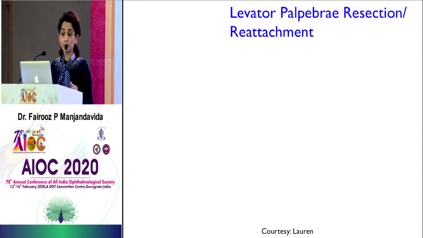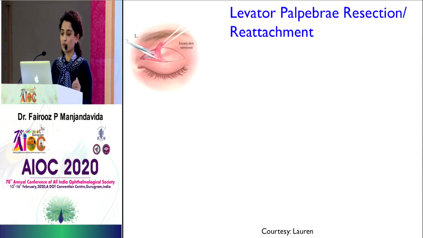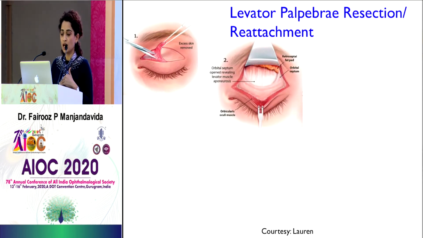So levator palpebrae resection and reattachment, I'm just not going into the theory, but I'm sure you all know that. So basically you enter through the skin, you identify the septum. When you open the septum, you see this fat, the preseptal, the postseptal, retroseptal fat pad, and just behind the fat will be the levator palpebrae superioris.